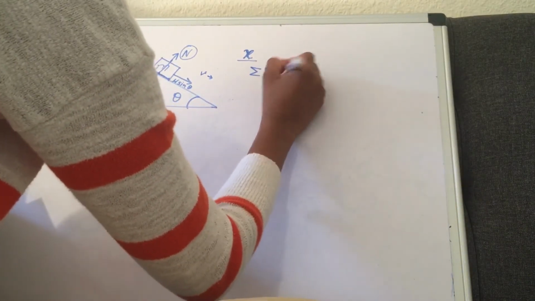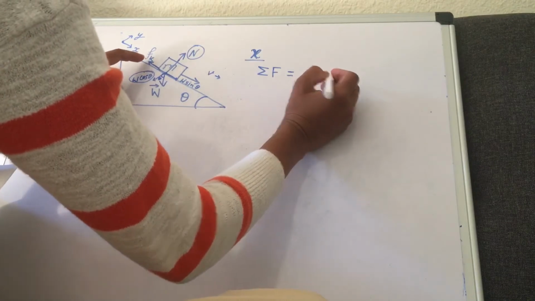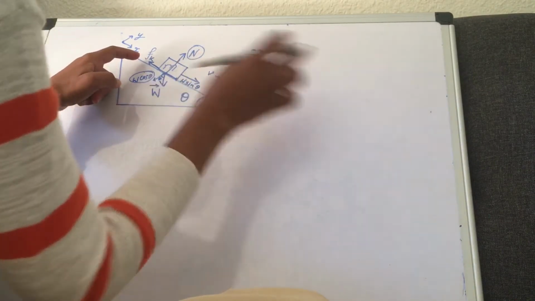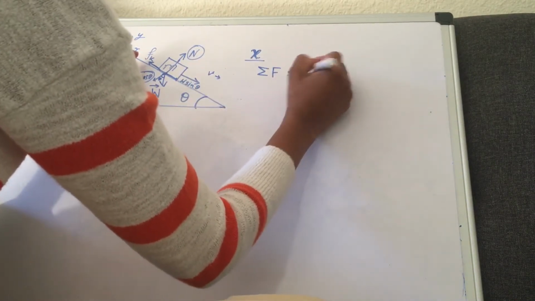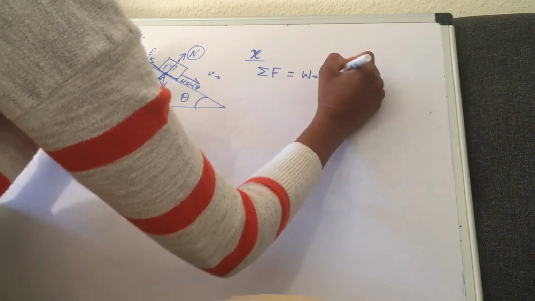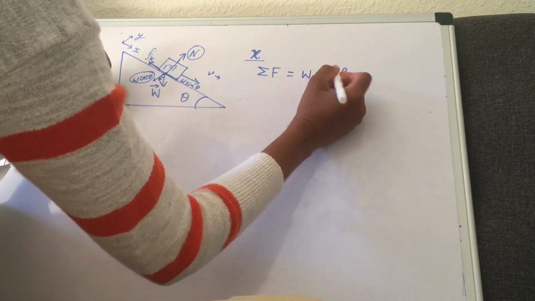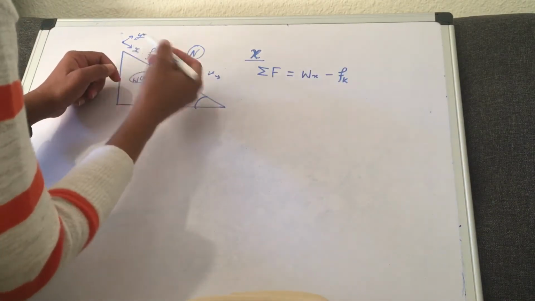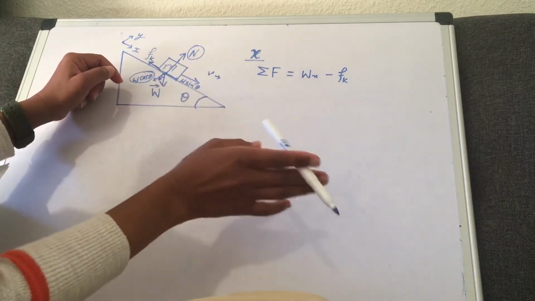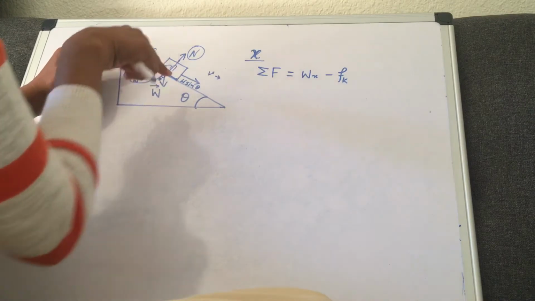If we consider this W sine theta as the positive side, then we have Wx minus Fk, right? I am writing this minus sign because Fk and W sine theta are pointing in opposite directions, and we assume our x-axis is positive downward.